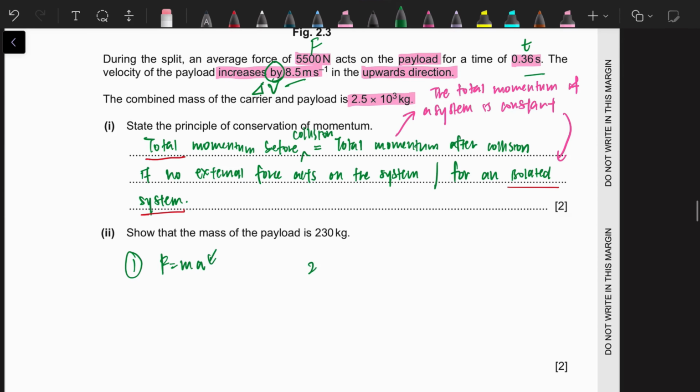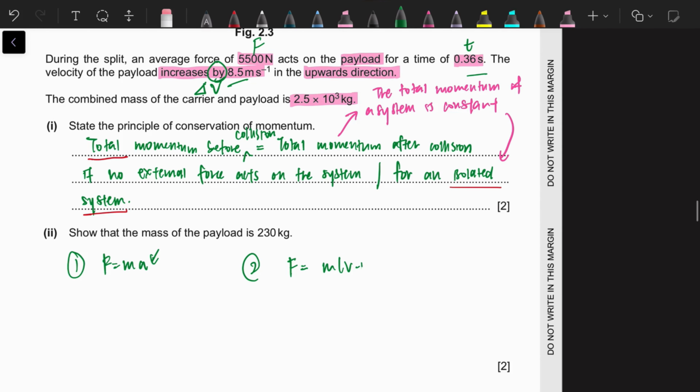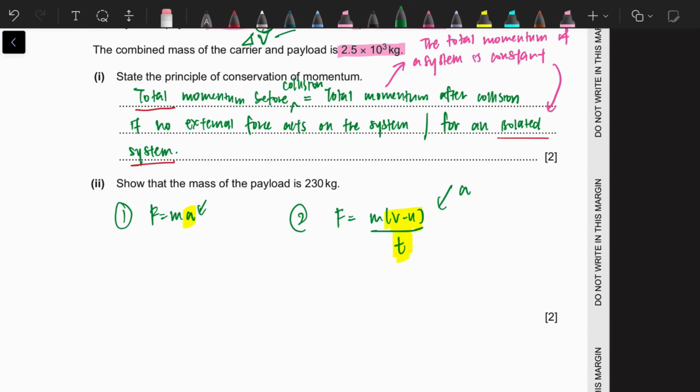Another one is using this formula, F equals to m (V minus U) over T. If you realize, this part is actually the same as a, because acceleration is change in velocity over time. So in a way, both are the same. You can use any of the ways depending on what you see first.